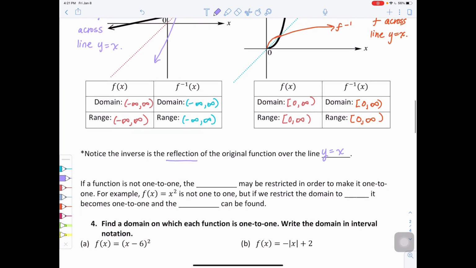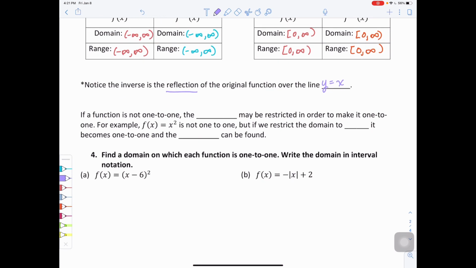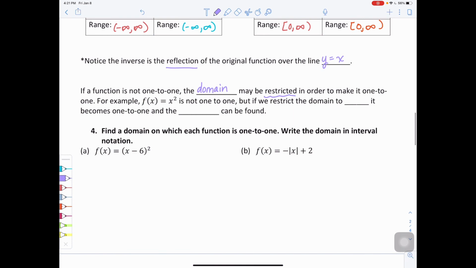Now, if a function is not one-to-one, the domain may be restricted in order to make it one-to-one. For example, f of x equal to x squared, that looks like this, is not one-to-one. You can look at it right here. It fails the horizontal line test. It is not one-to-one. However, we can restrict the domain.